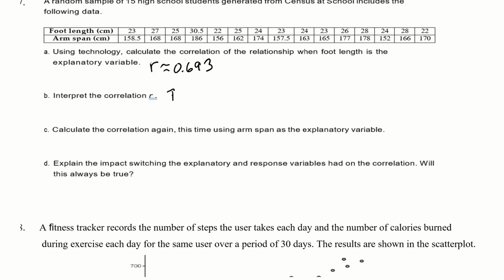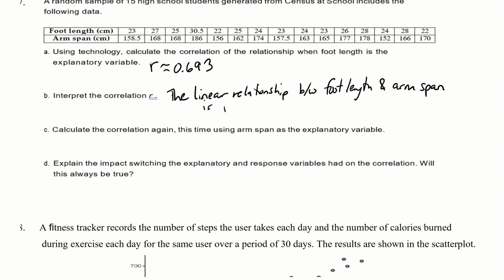So we're going to say the linear relationship between, in this case, foot length and arm span is moderately strong and positive. Okay, and that's it.